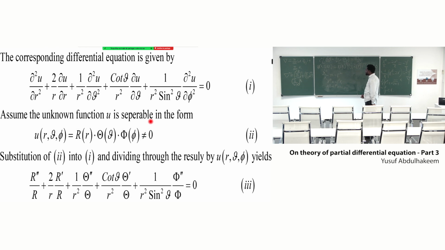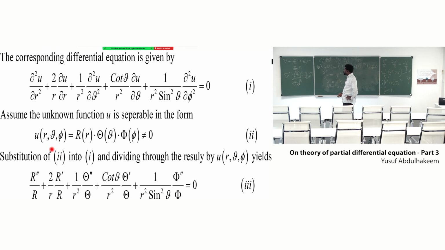These are the independent variables. So that means, using the separation of variables method, we are going to assume three different functions, which are what we have here, to be the assumed solution. Then we differentiate with respect to R, with respect to theta, then with respect to phi. On doing that, that will give us this differential equation.